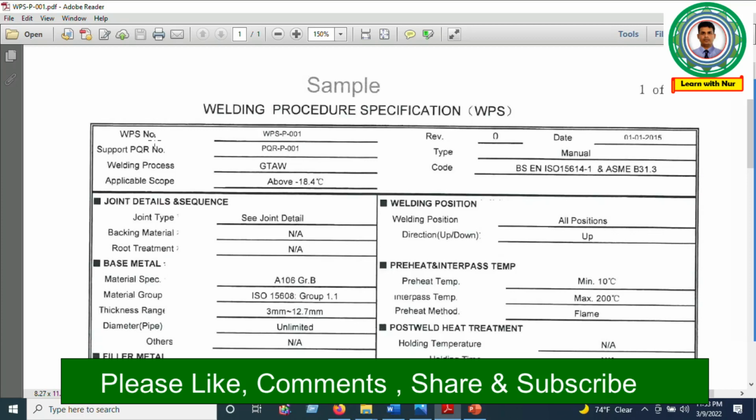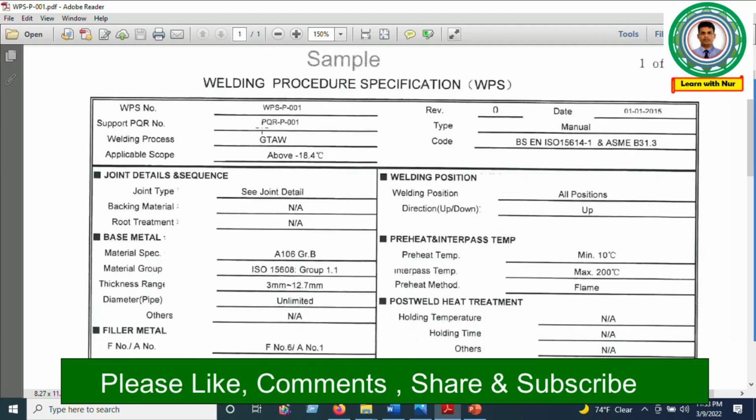If you have a WPS, you can see there is a number. This number we have to keep for the traceability record, of what WPS was followed during welding. The second is the supporting PQR number. So under which PQR this WPS was created, this is the PQR number, procedure qualification record.